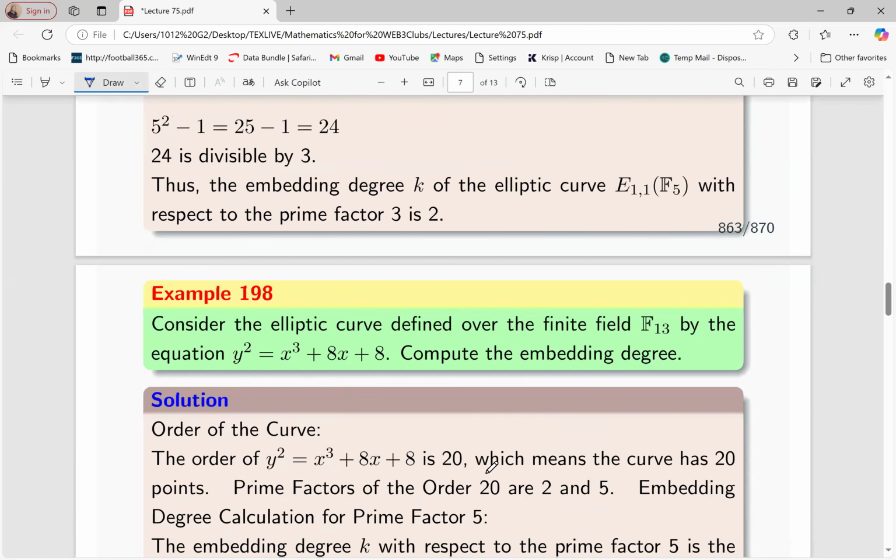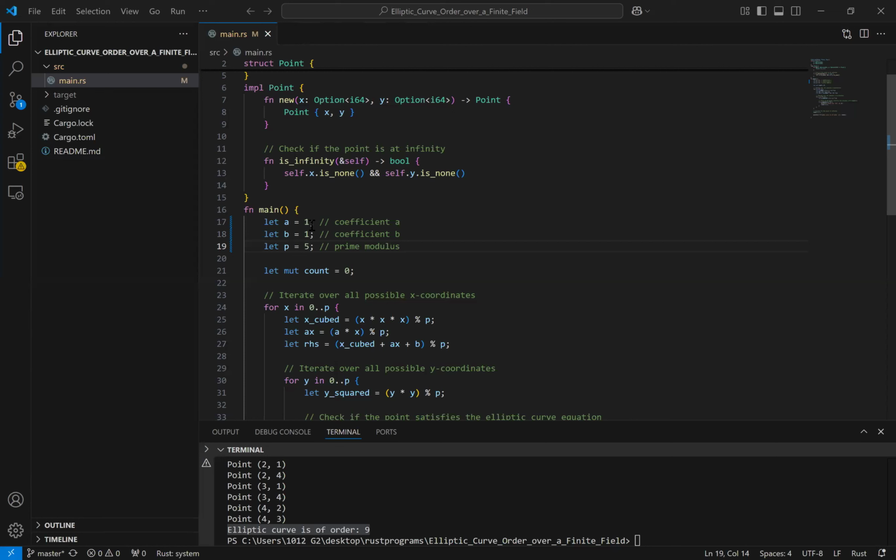And this is 8, 8 mod 13. Looking at this example, we need to get the embedding degree. So A is 8, B is 8, and the mod is 13. So let's find out how many elements it has.